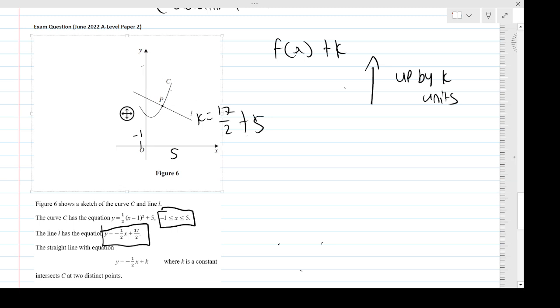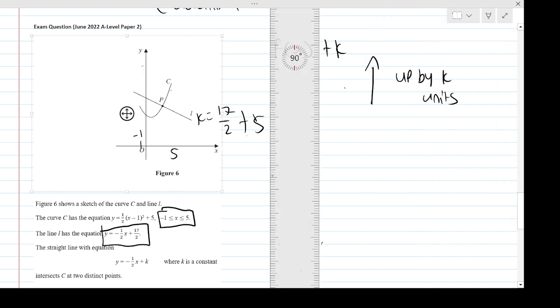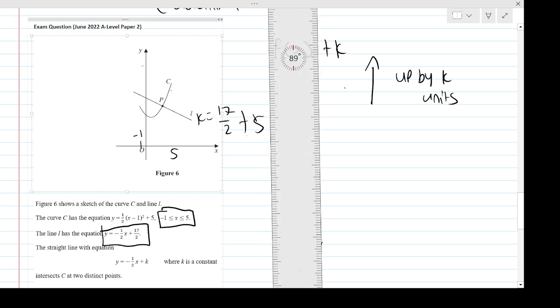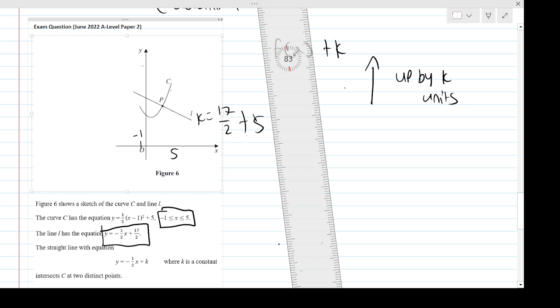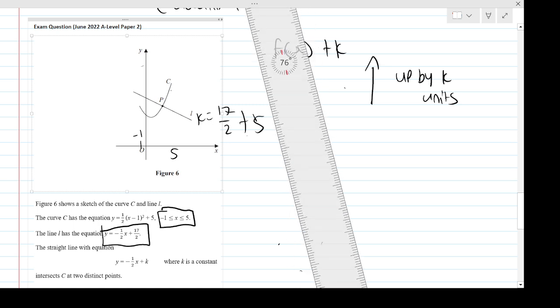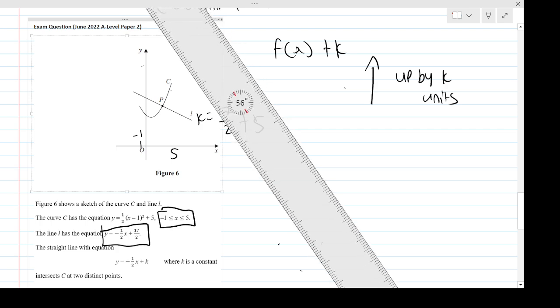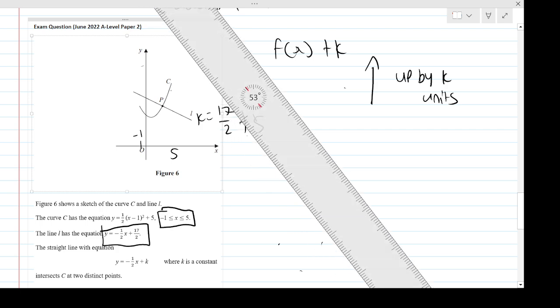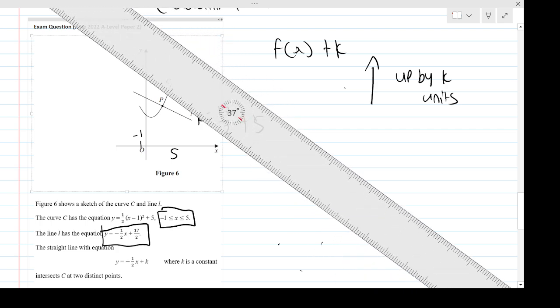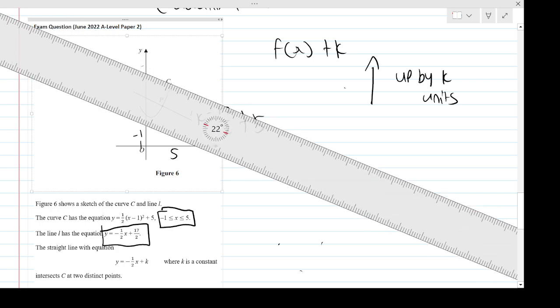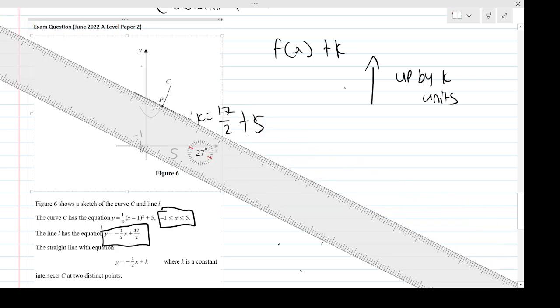And hopefully what you visualize then, with this ruler here conveniently, if we then match the line, that's what I'm doing here. There we are, great.